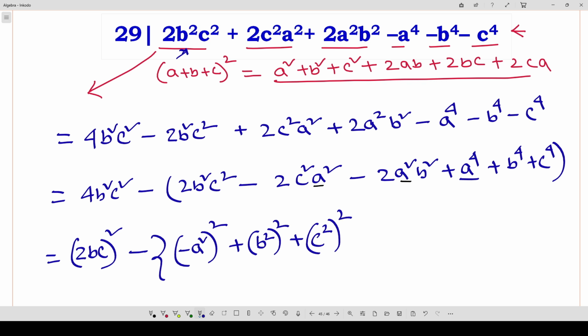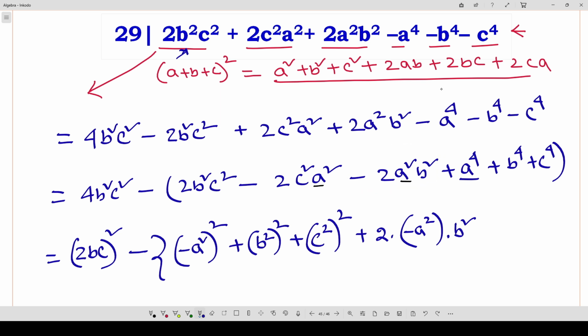Now our target is to make plus 2ab. A means minus a², right? Minus a² times b². Now look, plus and minus, it will be minus, then 2a²b². It's the same thing, right?